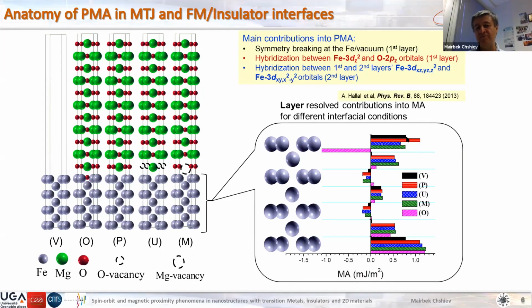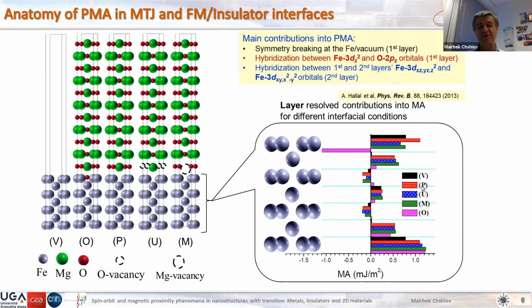You compare the black bar and red bar, and you see how, in the first monolayer, it is increasing by about 30%, and then very importantly, it starts contributing quite a bit in the second monolayer, etc. You can see also how overoxidation is killing PMA.